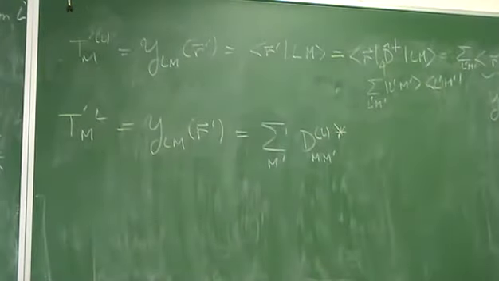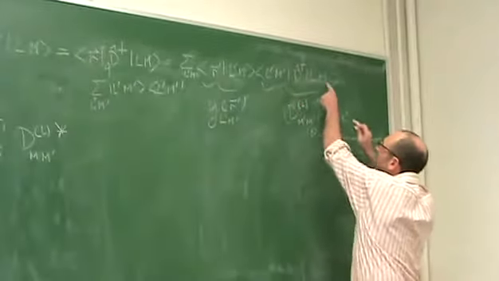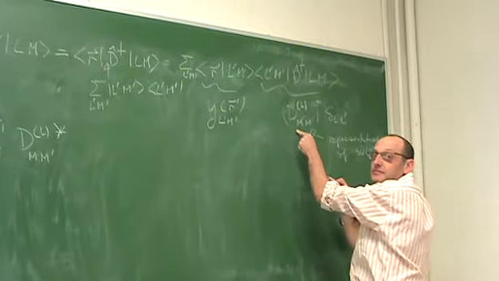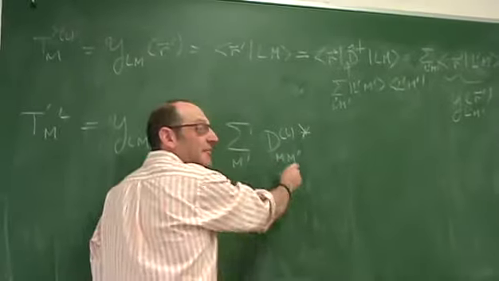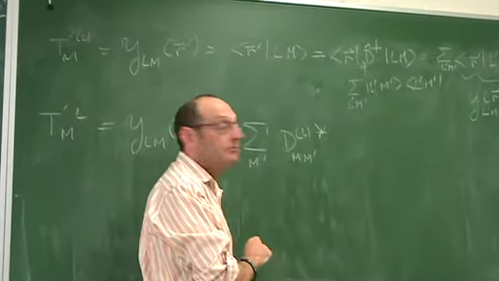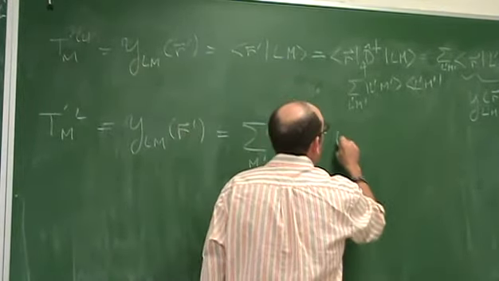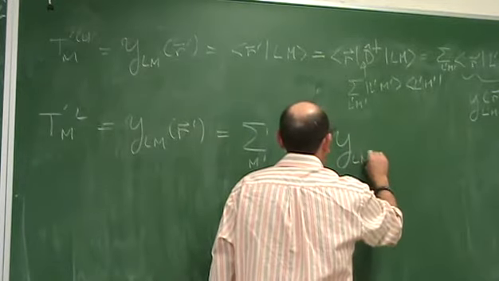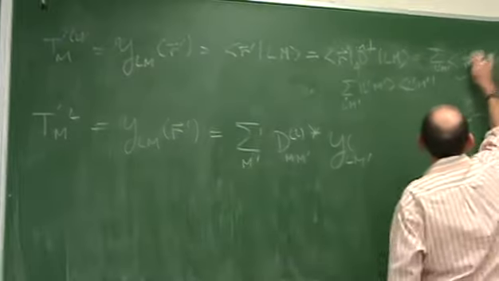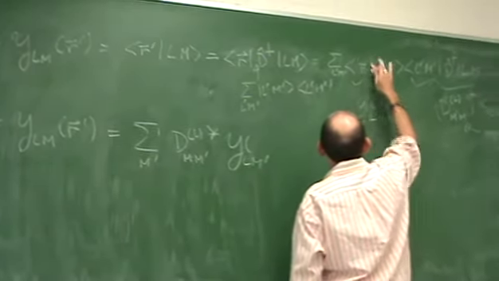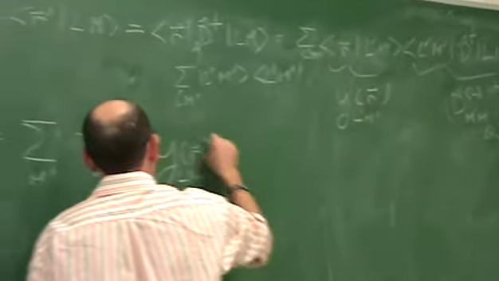I got this backwards, excuse me. Now when I take the transpose conjugate, it becomes MM' rather than the other way around, times Y_LM' as a function of r.